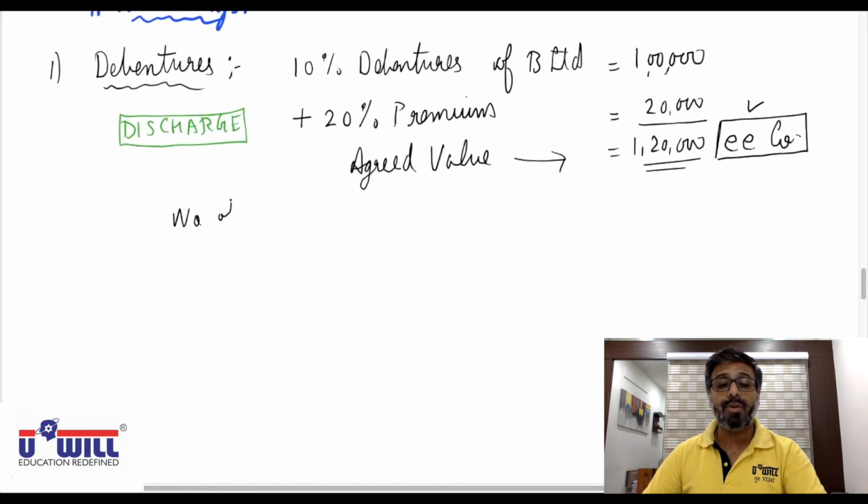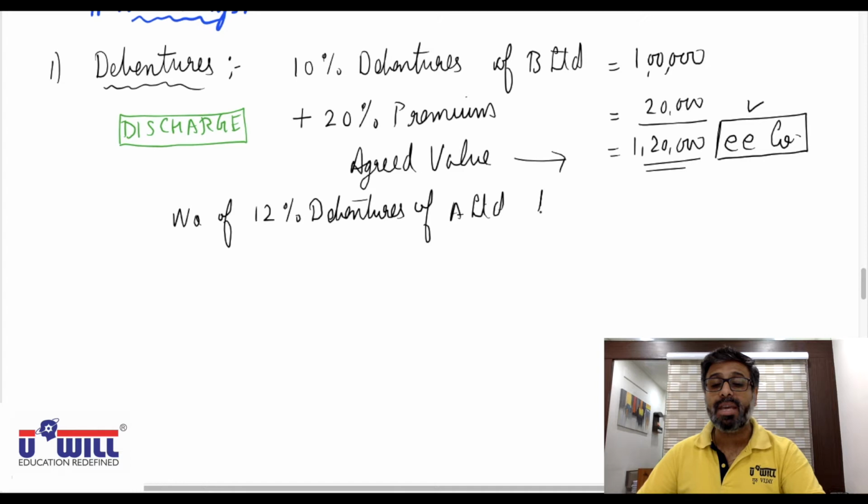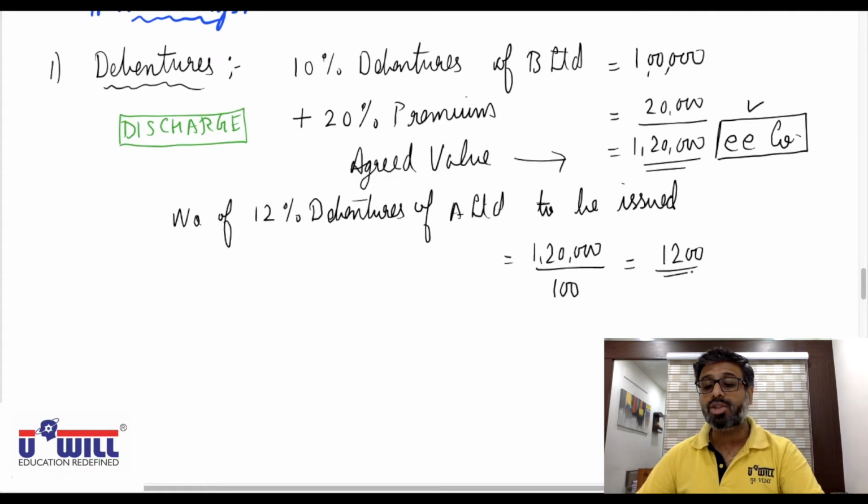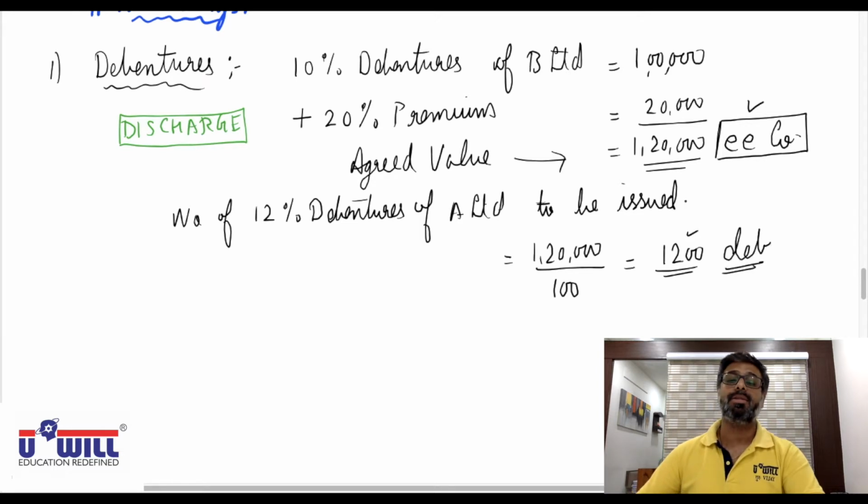Number of 12% debentures of A Limited, the new company which is taking over, to be issued is equal to 1,20,000, the agreed value, divided by 100. That means in the new company you will issue them 1200 12% debentures.